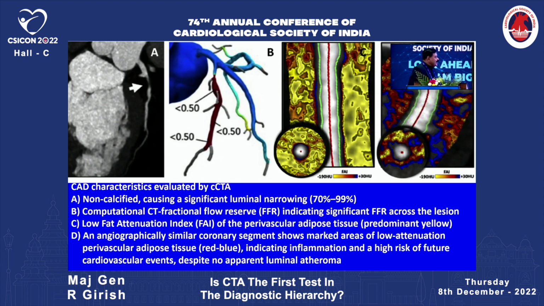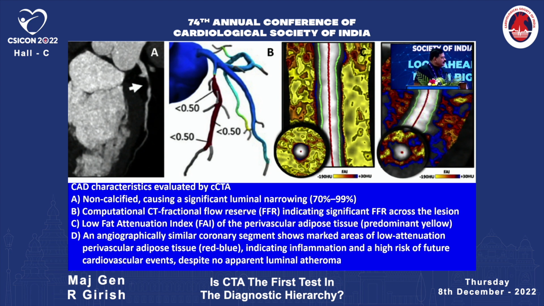Fat attenuation index is something new. It assesses coronary inflammation. Basically, inflammation in the wall of the coronary vessel elaborates cytokines. These cytokines, by signal transduction pathway, have an effect on the perivascular or pericoronary adipose tissue, and it causes depletion of adipocytes.